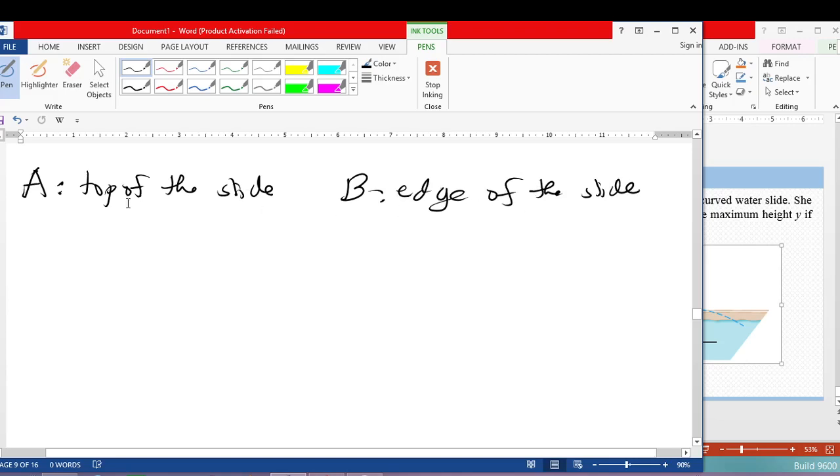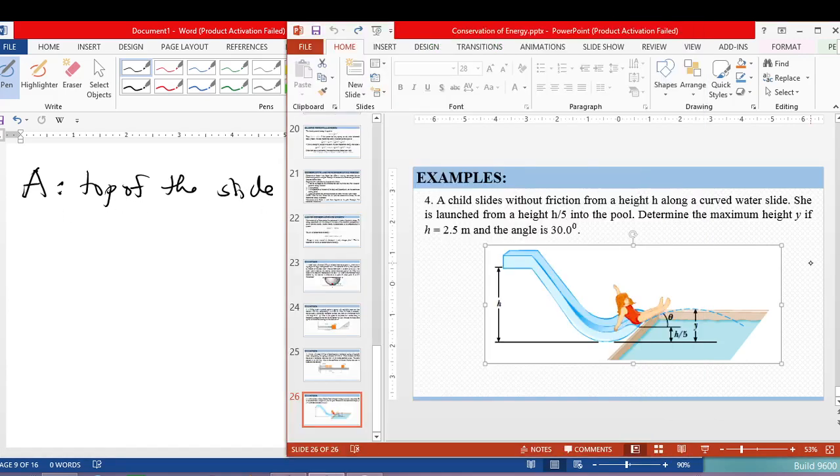So, from point A to point B, we have to find the speed of the bata at point B. Okay? Because after getting the speed of the bata at point B, the speed of the child at point B will now become our initial velocity to find the maximum height sa ato ang projectile motion. Okay?